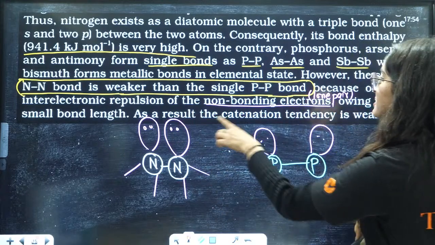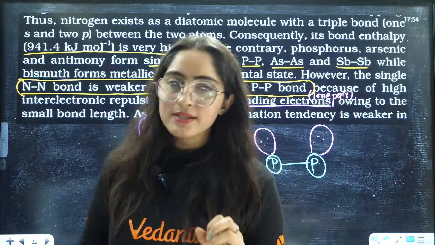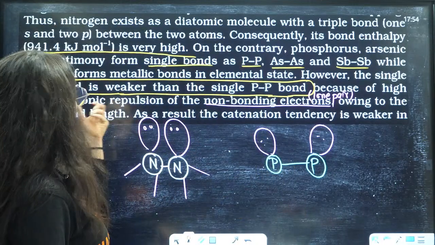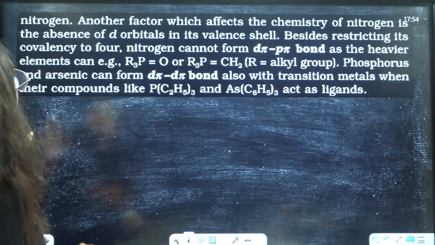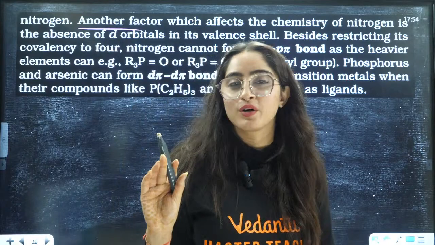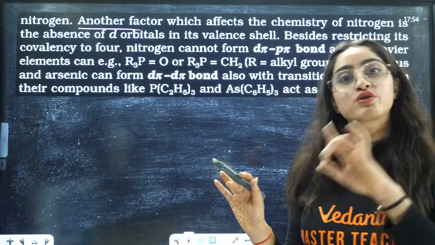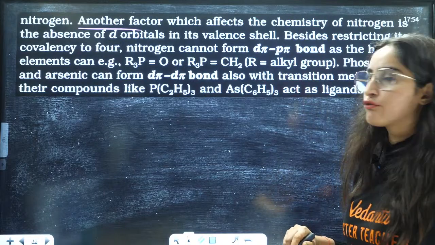As a result, the N-N bond is weaker as compared to the P-P bond, and the catenation tendency of nitrogen is weaker. Carbon had good catenation because it didn't have any lone pairs, but nitrogen has lone pairs. Group 15 will always have lone pairs, okay?